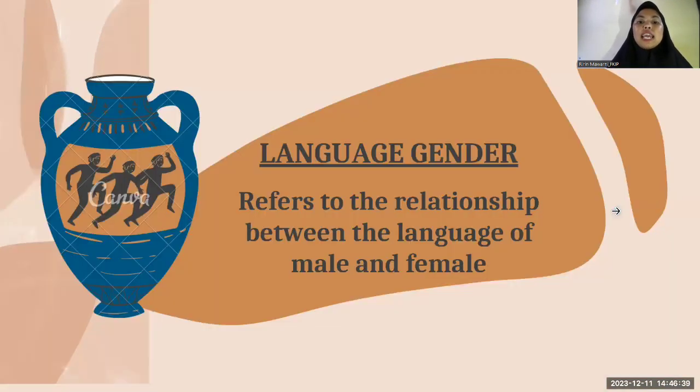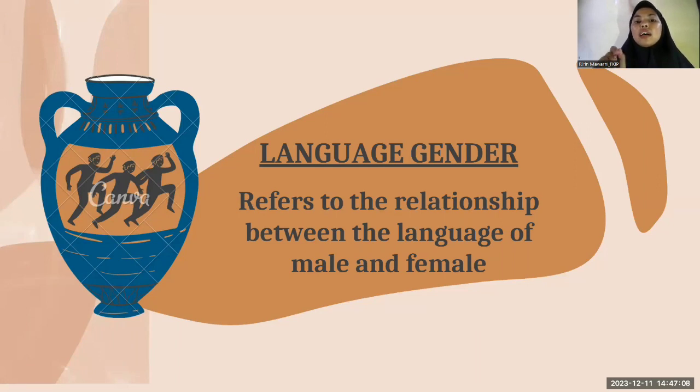Okay, the next is language and gender. Language and gender is a branch of sociolinguistics that examines how gender influences language use, attitudes, and behaviors. It explores how language reflects and reinforces social perceptions of gender roles, stereotypes, and power dynamics.